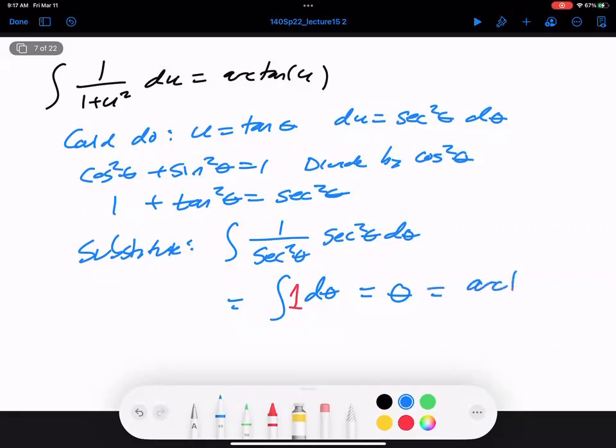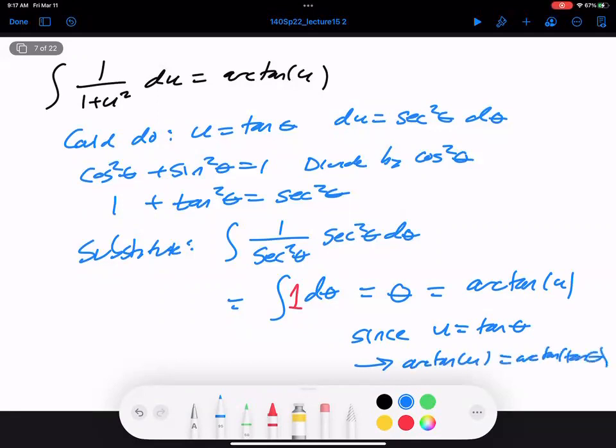But that's arctangent of u, since u equals tangent theta implies arctangent of u is arctangent of tangent theta. So if I give you the integral of 1 over 1 plus u squared, we know that this is arctangent. So we know how to do this.